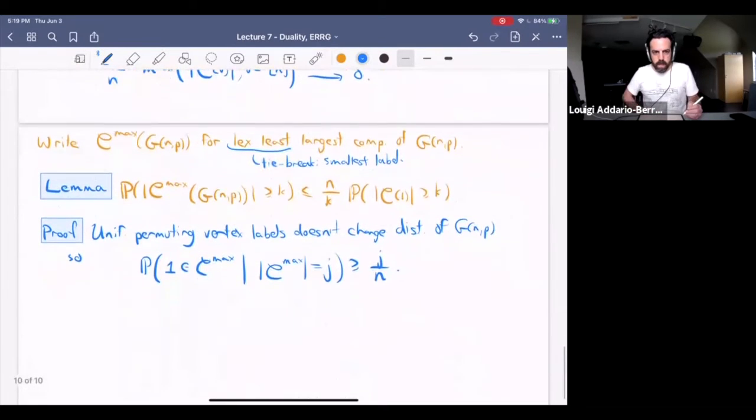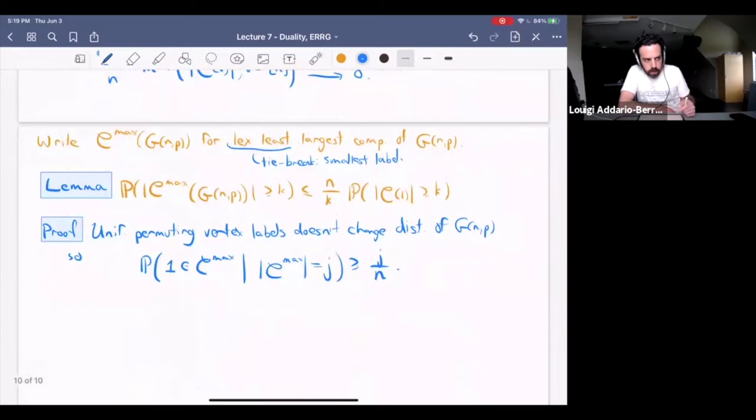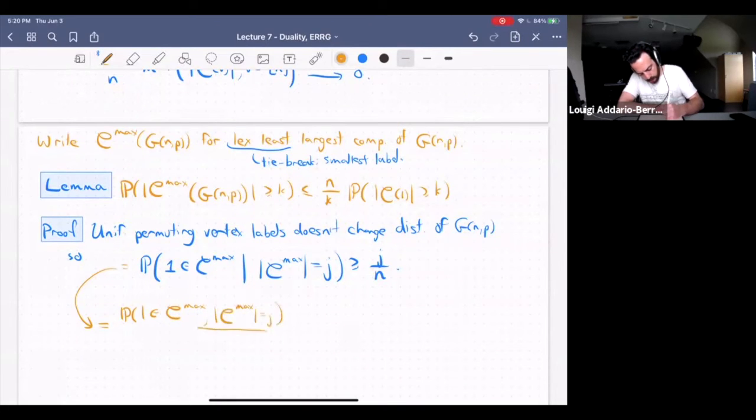It might be even bigger because there could be more than one component with maximal size, but it's at least j over n. Now this left-hand side is equal to the probability that 1 is in the largest component and the largest component has size j, divided by the probability the largest component has size j.